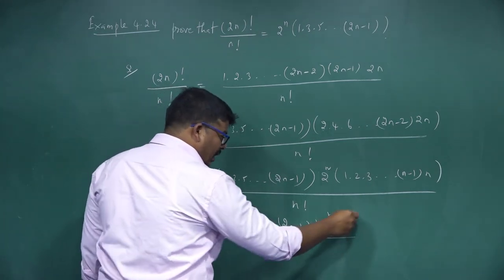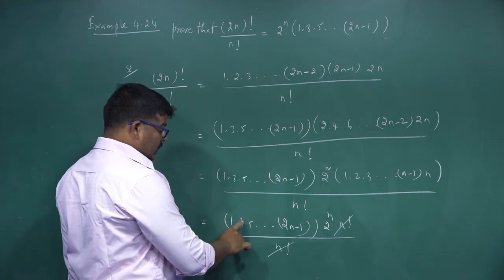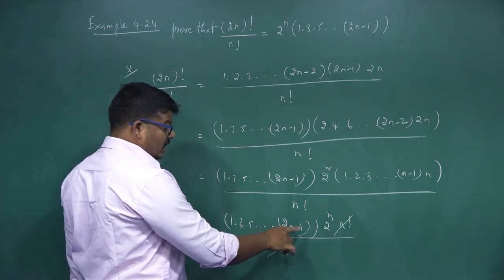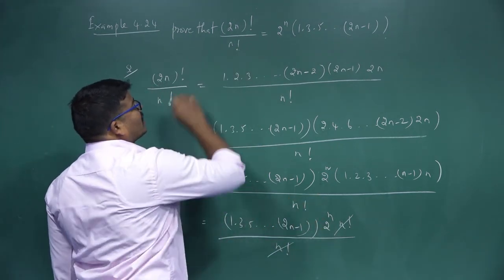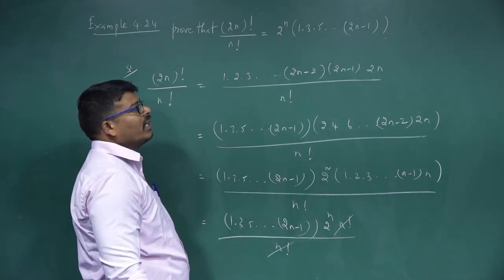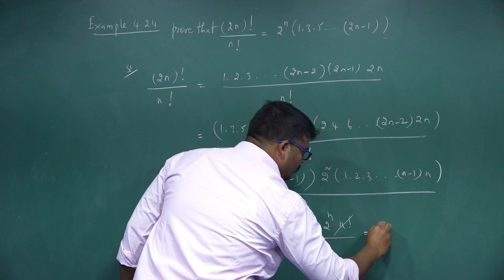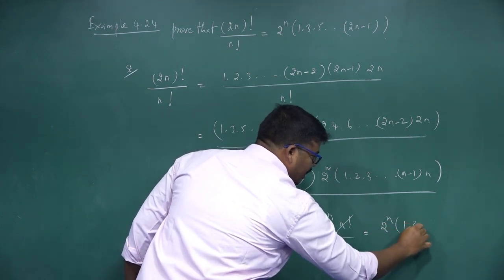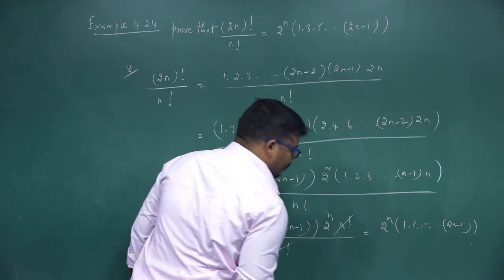These n factorials are cancelled. The remaining term is 1 into 3 into 5 and so on up to 2n minus 1 into 2 power n. So we prove the result: 2n factorial by n factorial is 2 power n into 1, 3, 5 and so on up to 2n minus 1. Hence proved.